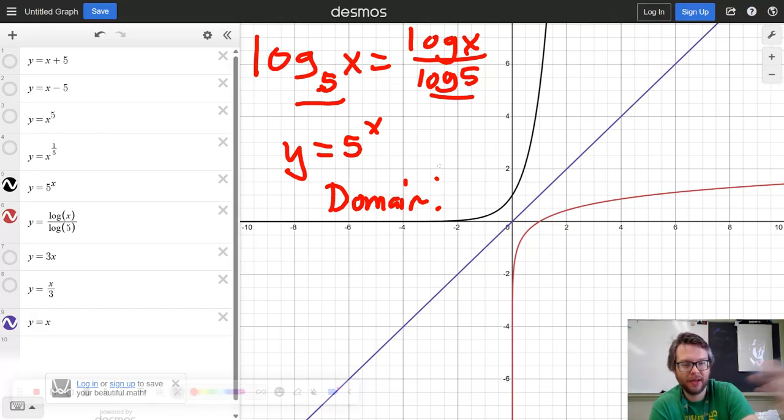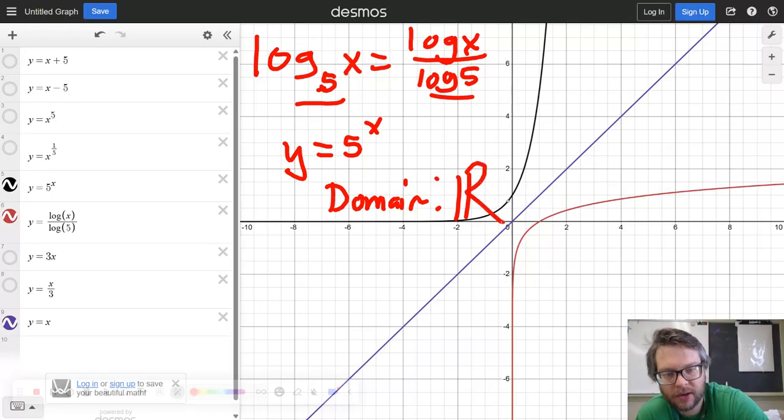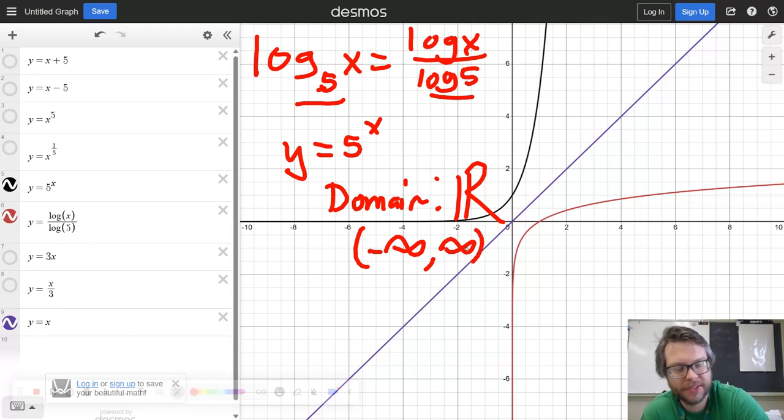There's no stopping it going left or right. Some people write the fancy R to say all real numbers. Some people like to write it as negative infinity, comma, positive infinity, like that. Other people just write the words all real numbers. Every x value can be plugged in to 5 to the x.